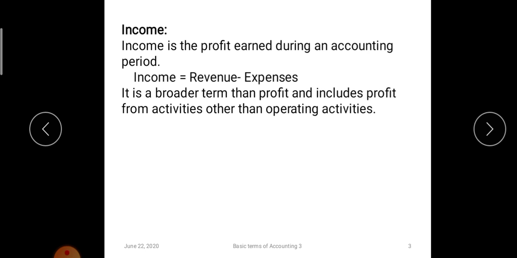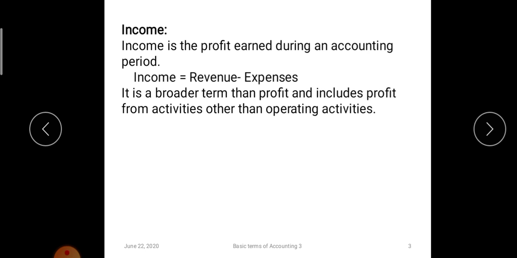It has some extra amount it invested in some shares or deposited in the bank as fixed deposit. So interest received, dividend received will be non-operating incomes. In profit it will not be included, but in income it will be included. In profit the profit from the main operating activities is included.